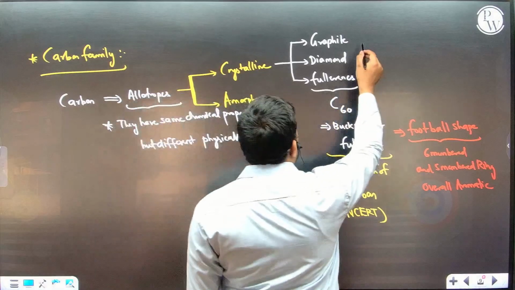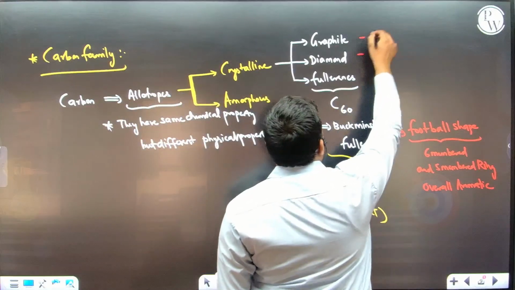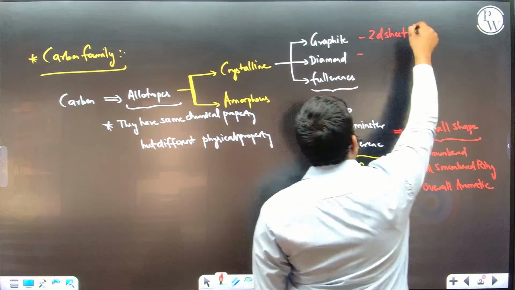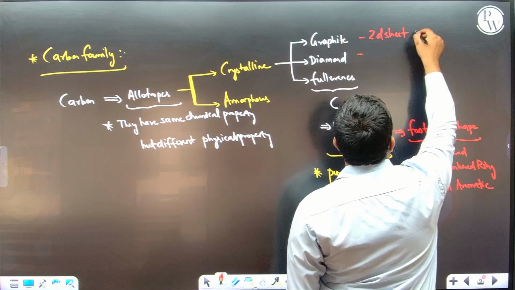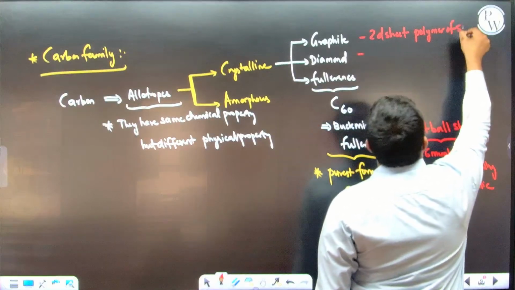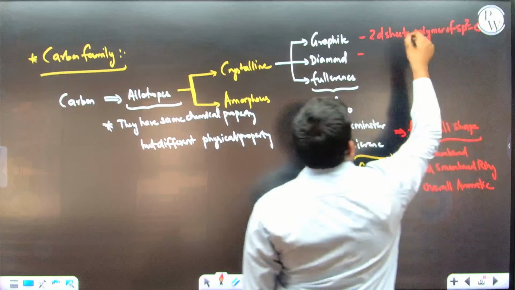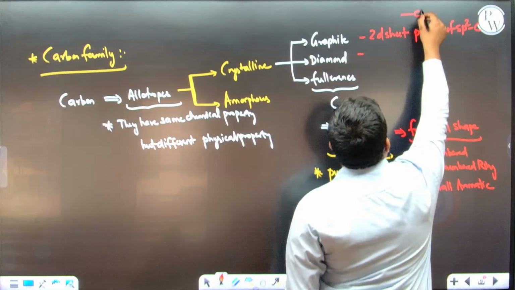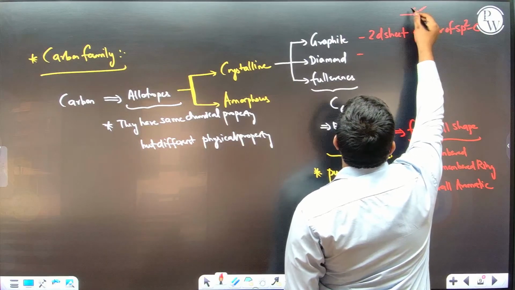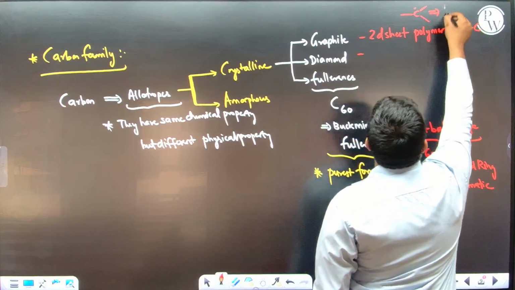Now we are discussing graphite and diamond. Graphite is nothing but a 2D sheet having van der Waals forces, and it is a polymer of sp2 carbon. You can see there will be 3 bonds formed due to this sp2 and 1 free electron.